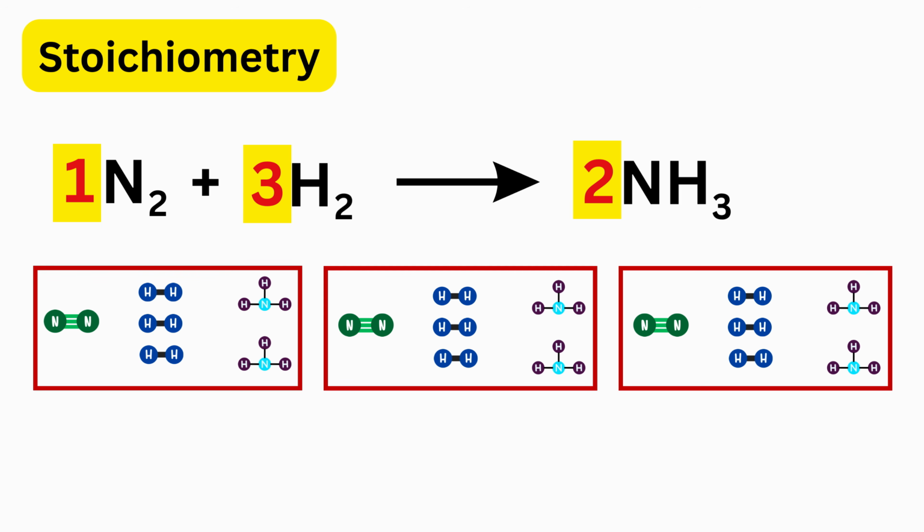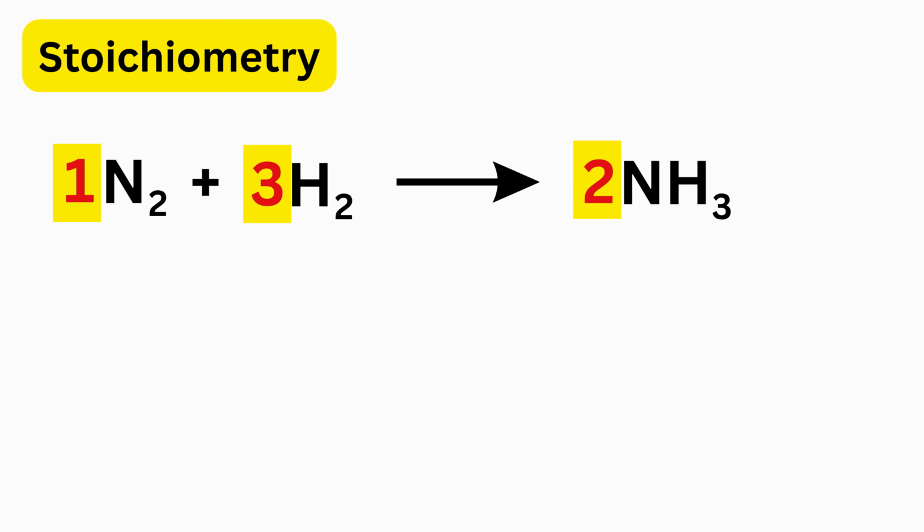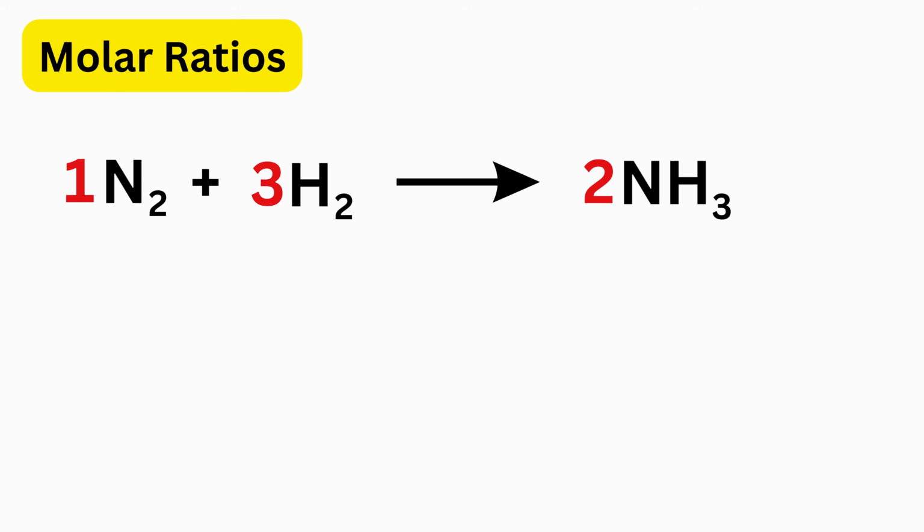If we triple everything, then 9 hydrogen molecules would react with 3 nitrogen molecules to produce 6 ammonia molecules. Notice that even though the numbers change, the ratio remains exactly the same. The reaction always follows a 3:1:2 relationship. This idea leads us to one of the most important concepts in stoichiometry called molar ratios.